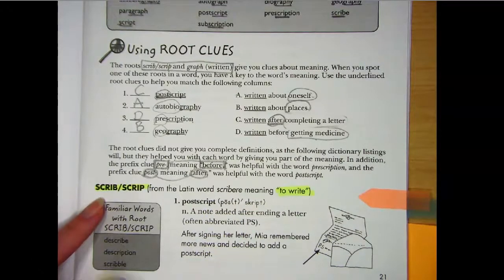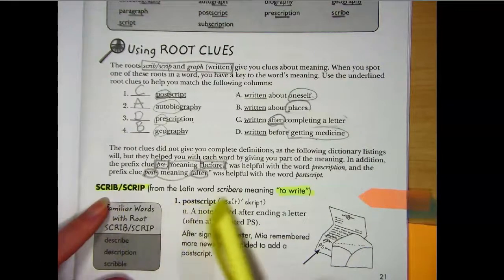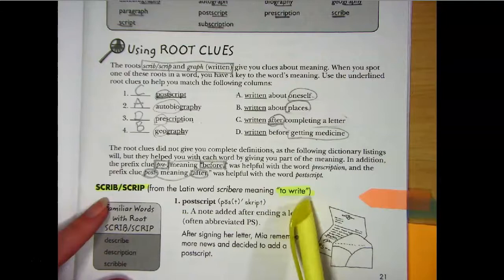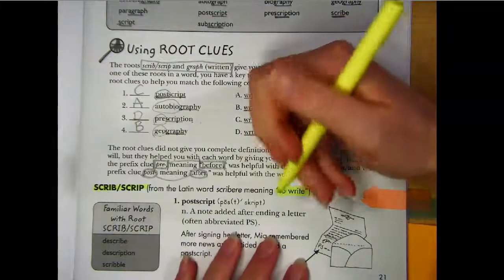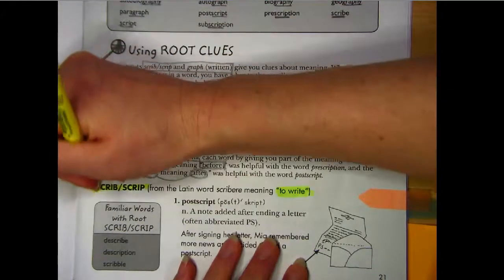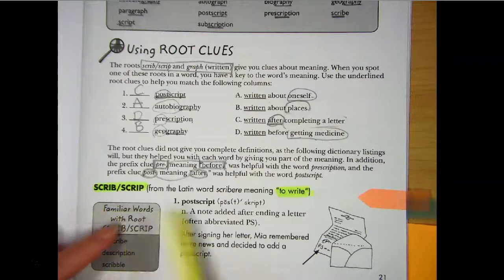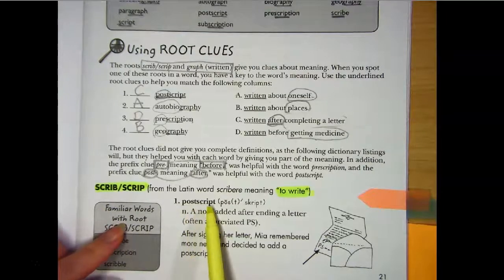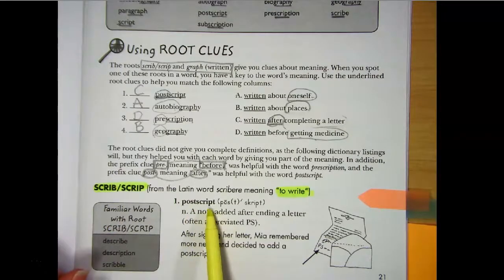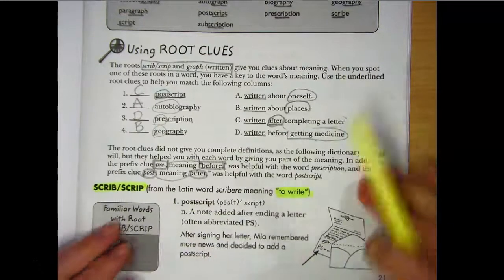So for example, scribe, script, from this Latin word means to write. These are the important elements that you should highlight: the meaning and the root words. The first definition is postscript, and all the words following will have this root inside the word.